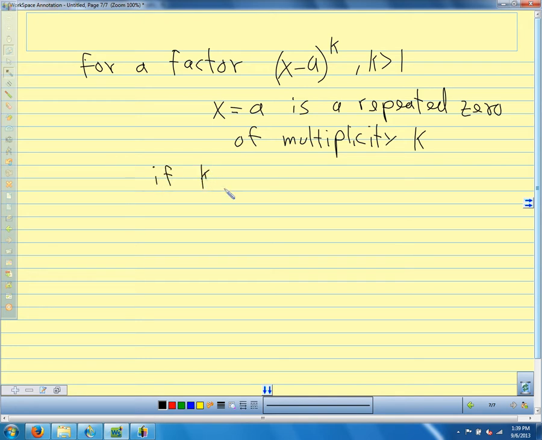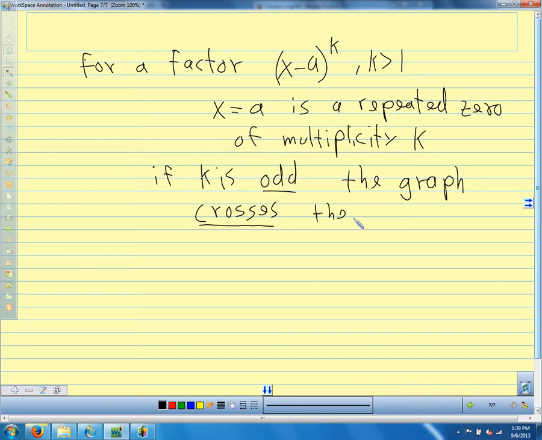If k is odd, so if the multiplicity of the root is odd, the graph crosses the x-axis at x equals a.